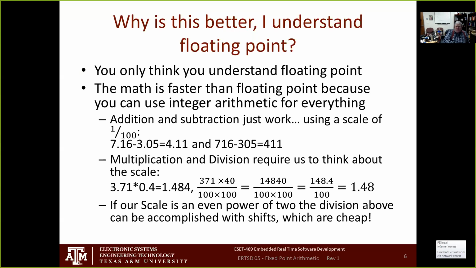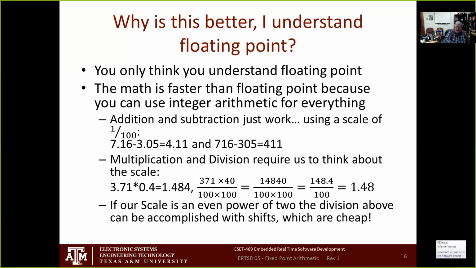I just have a different decimal place, right? If my scale were a 16th and I was expressing this in binary or hex, it would work the same way. Now, when I'm thinking about fixed point arithmetic, I have to think a little more carefully about scale, okay?